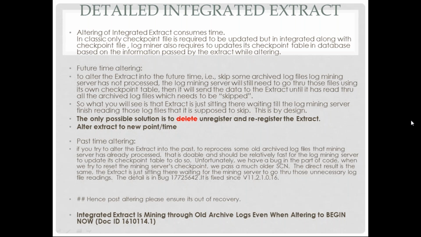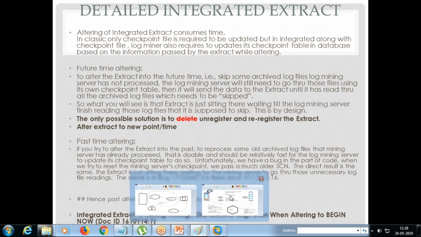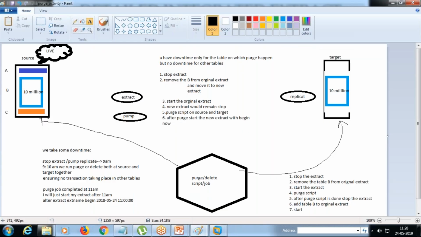See, I think even though we stop the extract when we run the purge script, the archives will be generated, and the log miner will read the data from the archives. The only thing is, when we start the extract, let's say at 9 o'clock we stopped and at 10 o'clock we started, then for the log miner checkpoint table, whatever archives were generated between 9 and 10, it will skip and it will send after 10 o'clock, isn't it?